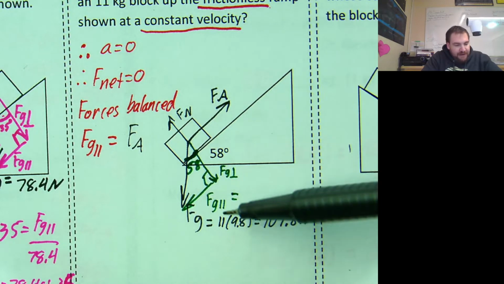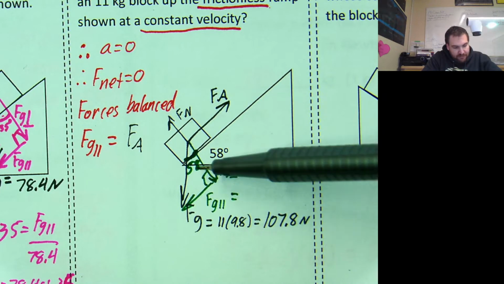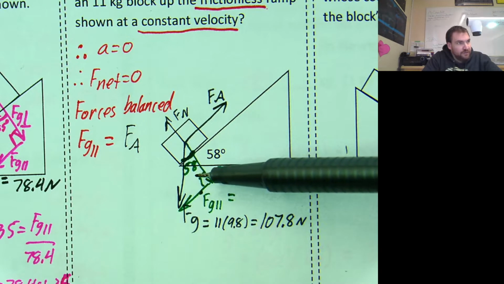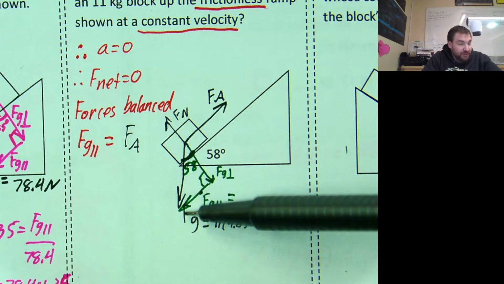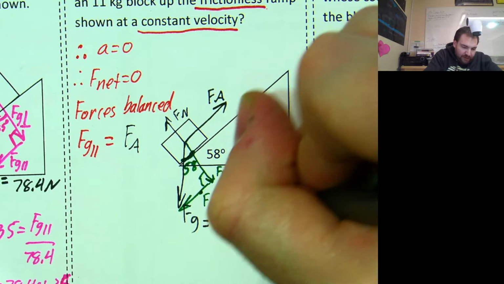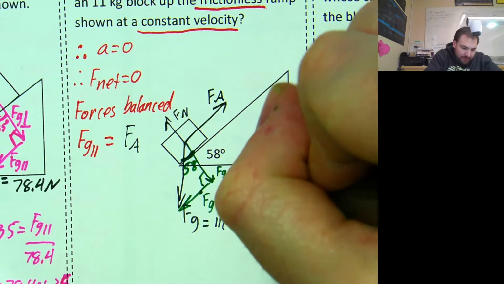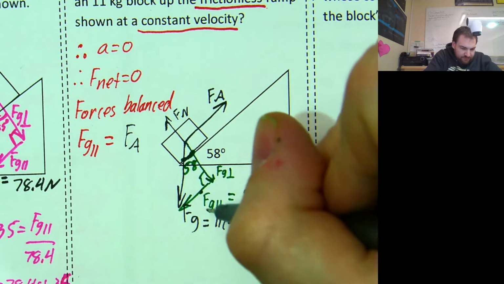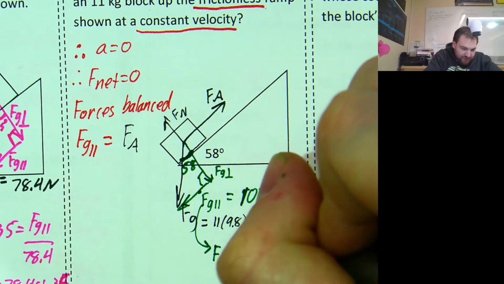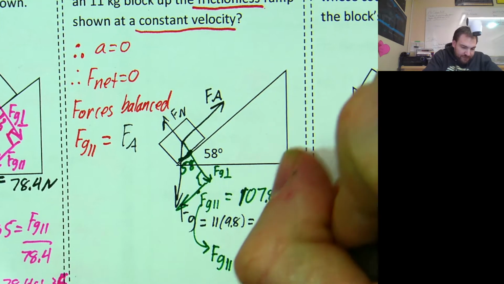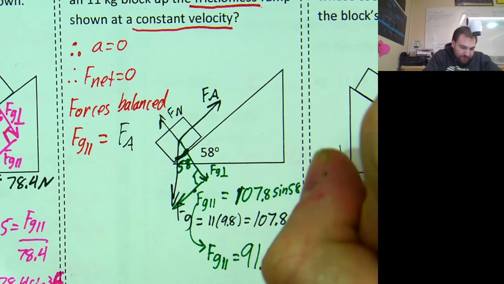So then Fg parallel, I want the opposite side from that angle, and that's the hypotenuse. So I'm going to use sine again. So this thing's going to be 107.8 sine 58, which means Fg parallel is going to equal what? 91.42 newtons.